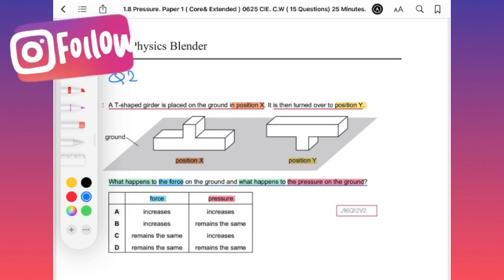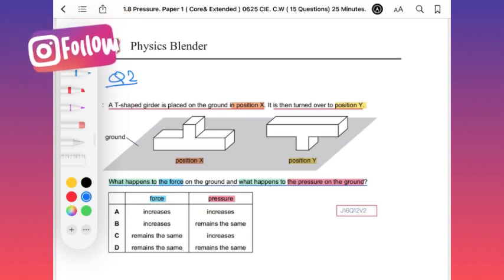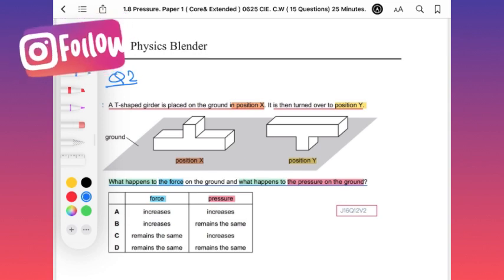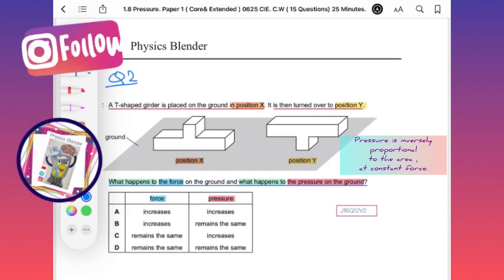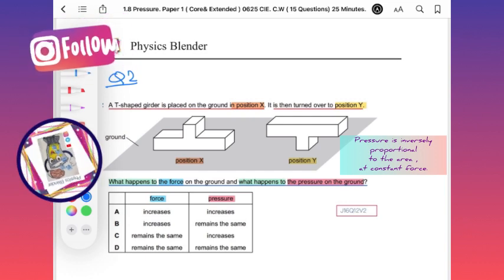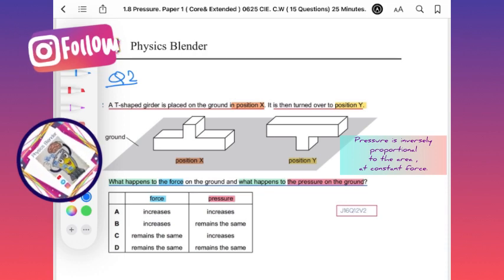Question number 2. We have a T-shaped girder placed on the ground in position X, then turned over to position Y. So we are talking here about the same object. Same object means same weight, same force applied on the base area.